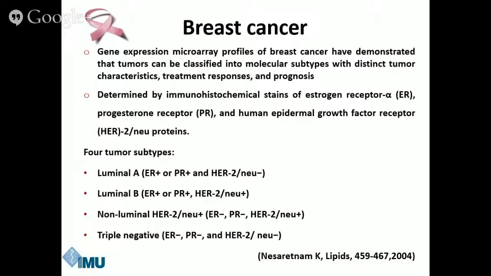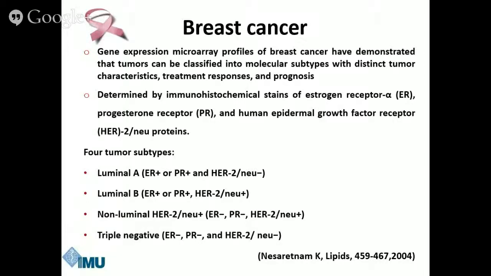And it's determined by what? By the immunohistochemical staining of estrogen receptor alpha, progesterone receptor, human epidermal growth factor receptor and different other receptors. The treatments now are targeting these ones. And there's also a type of breast cancer which does not even show all these three categories.